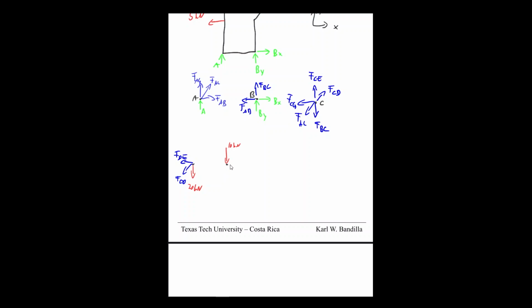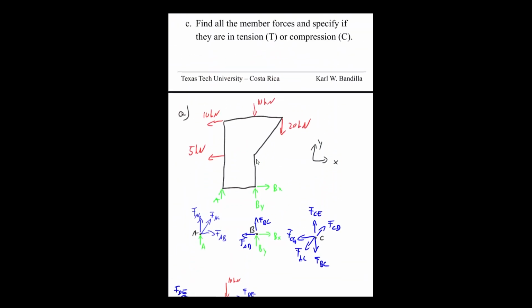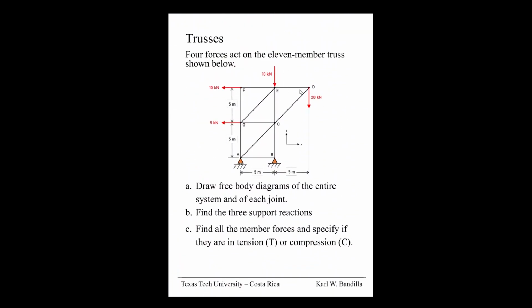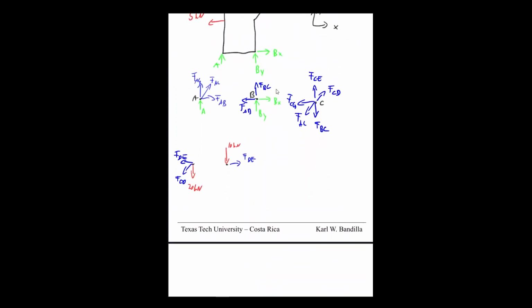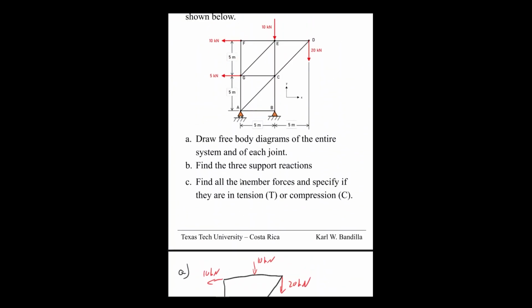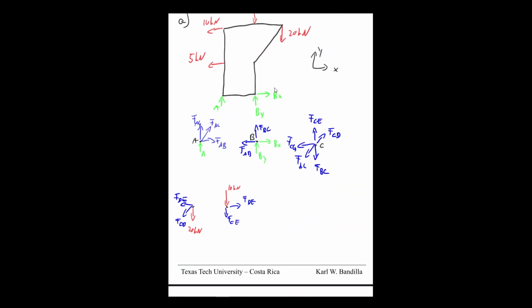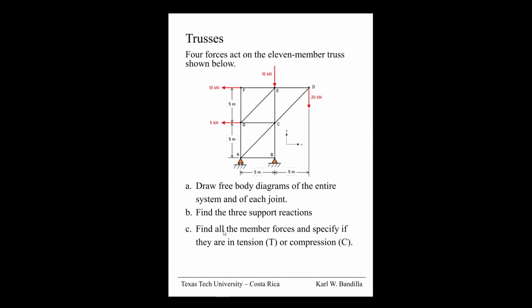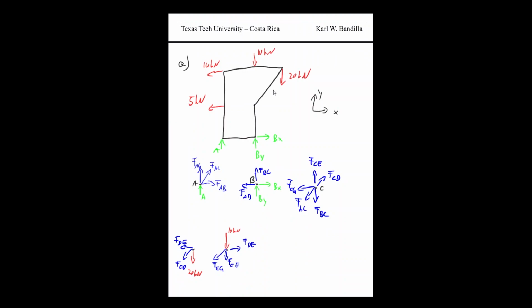Then we have FDE, FCE going down, FEG going sideways, and then FEF, also a busy one.